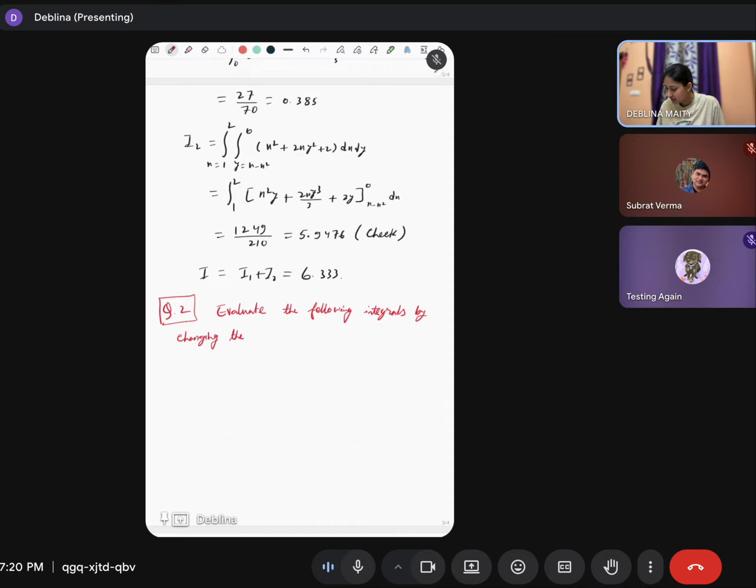No, actually it is changing the order. Means if you have dx dy, then first you have to do dx dy, and then we have to do dy dx. The order of the integration. Then we will go to the changing of variables.